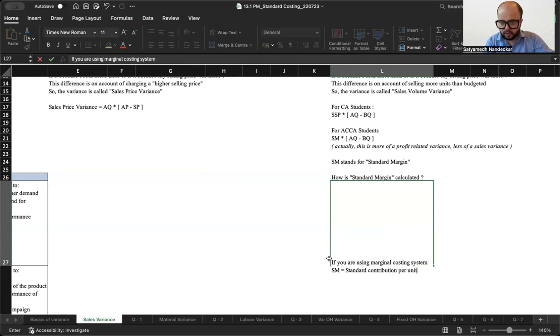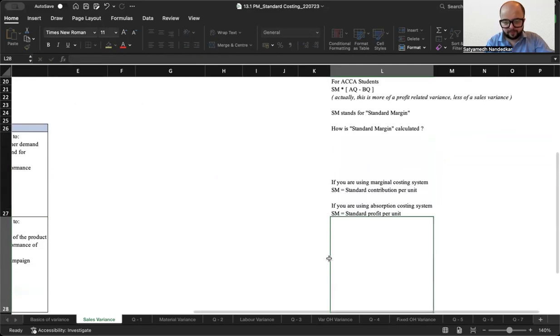You know what is contribution? Selling price minus variable cost. And if you are using the absorption costing system, standard margin is equal to standard profit per unit.